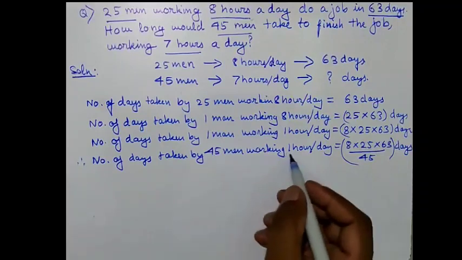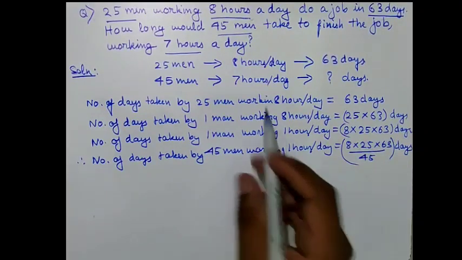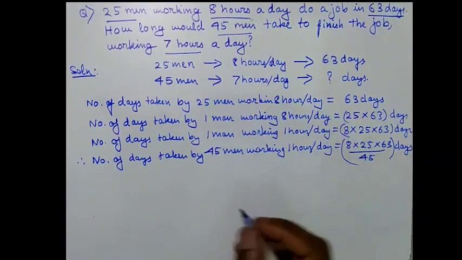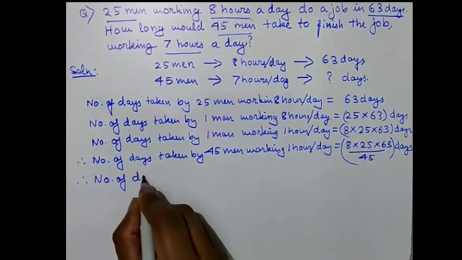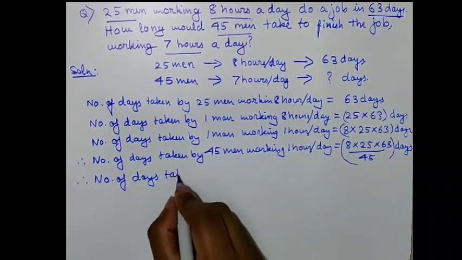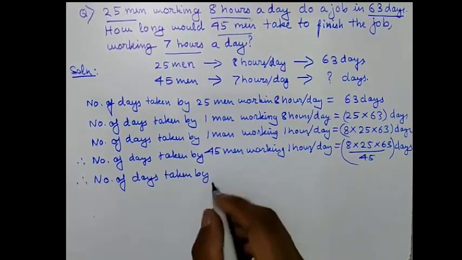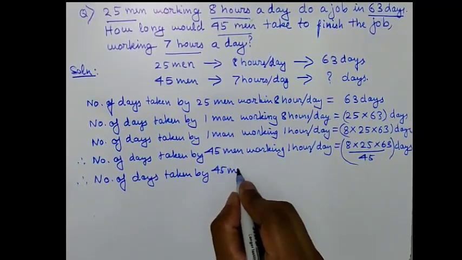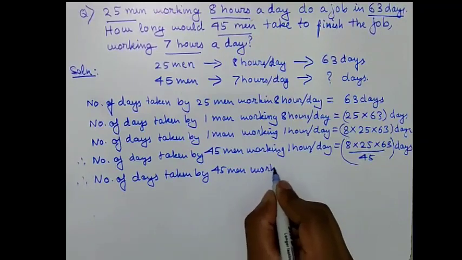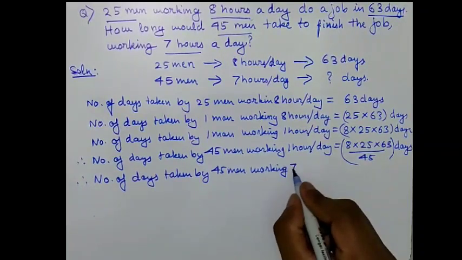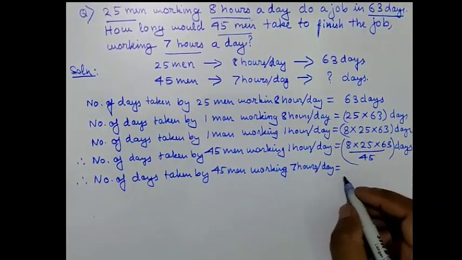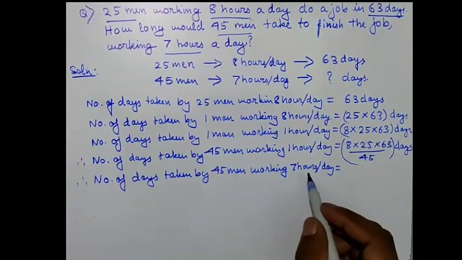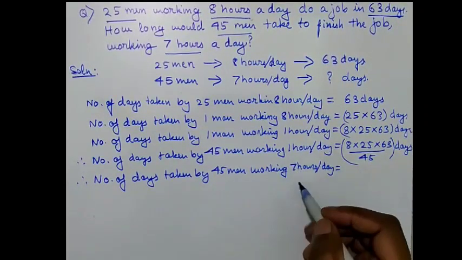Now we can find 45 men working 7 hours per day will take how many days? So therefore number of days taken by 45 men working 7 hours per day will be equal to, now they are working more hours, isn't it?